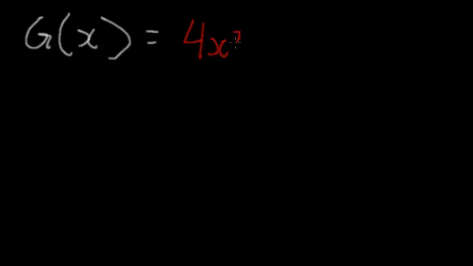So in our second big project, we learned how to multiply, add, and subtract two different equations with each other. So for example, here we have g of x, which is equals to, let's just make that a different color, 4x squared plus 8x minus 9.